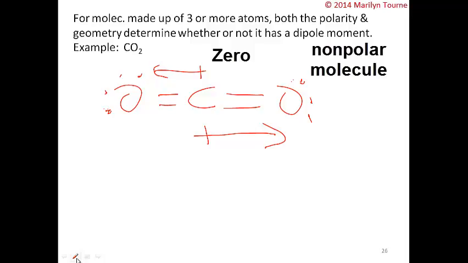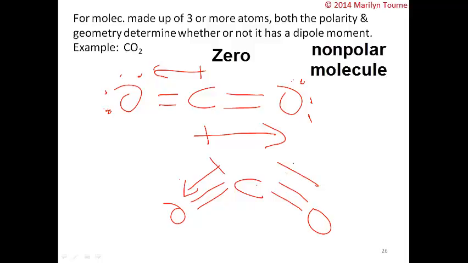Now theoretically, if we said, okay, what if carbon dioxide was not a linear molecule? Let's say it was instead a bent molecule, something like this, right? Not straight. Remember, you're going to have a dipole moment going this way and then the other dipole moment going this way.